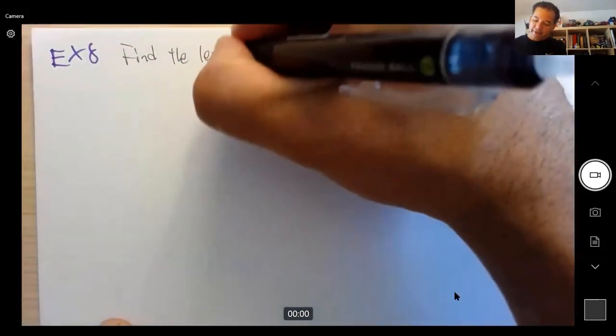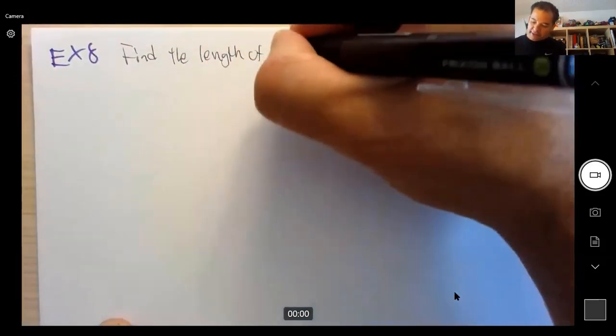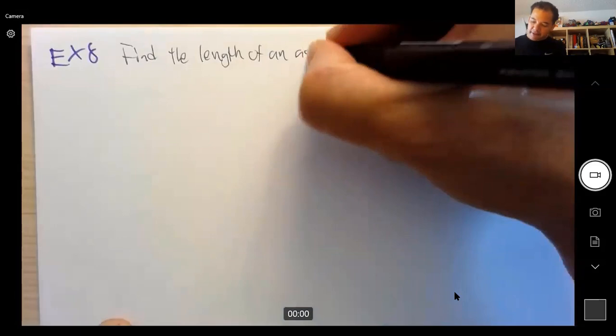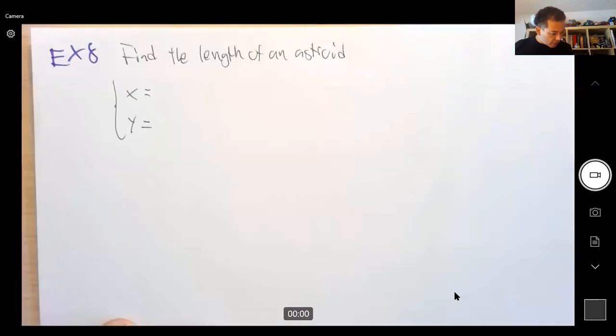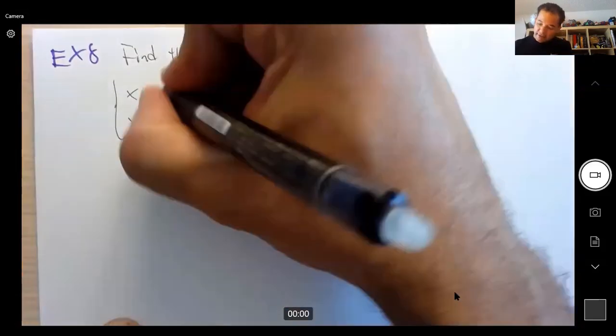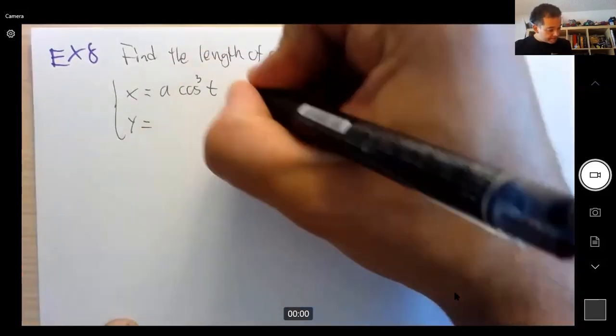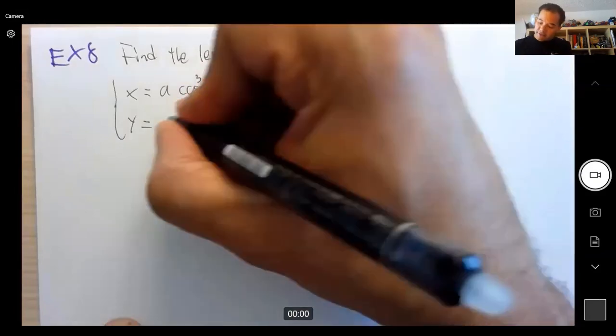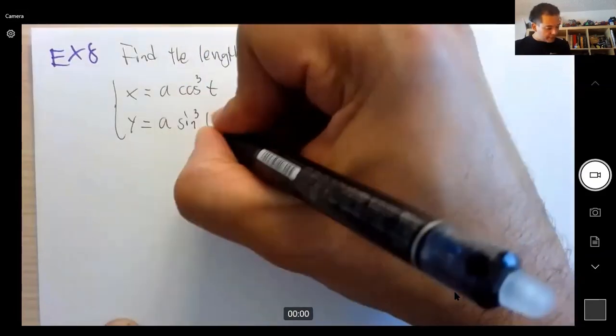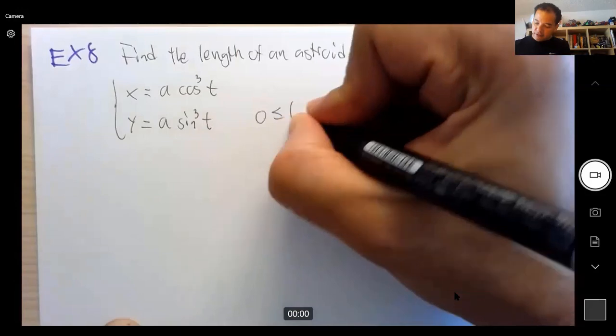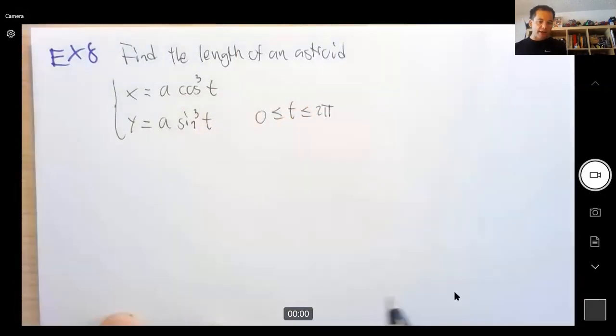Find the length of an asteroid given by x equals a cosine cube t, and y equals a sine cube t, and this ranges from 0 to 2 pi. And it's an interesting curve.